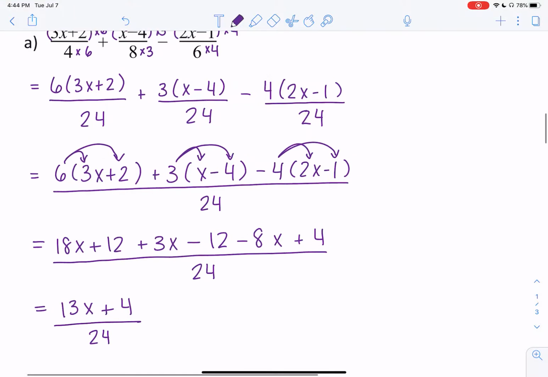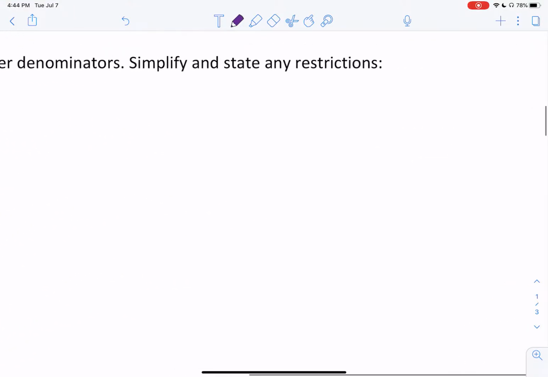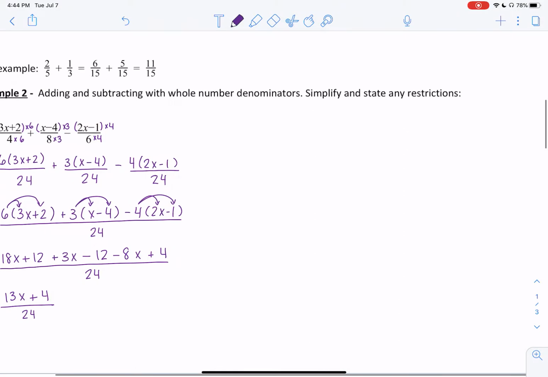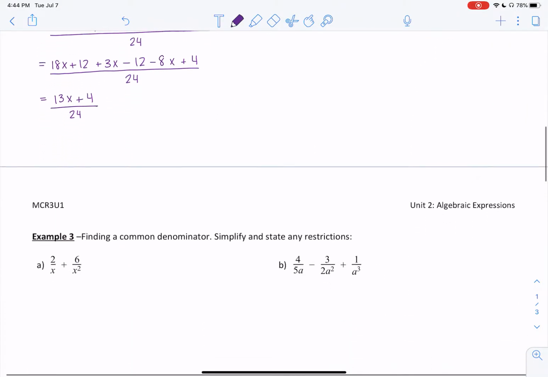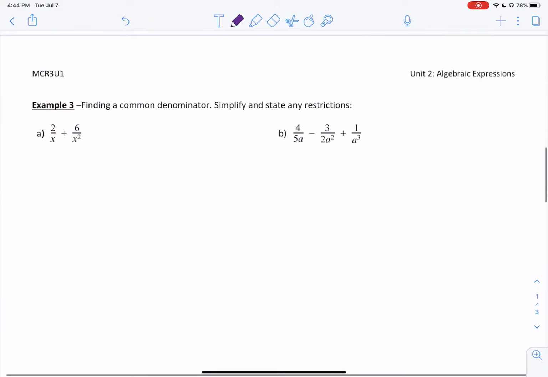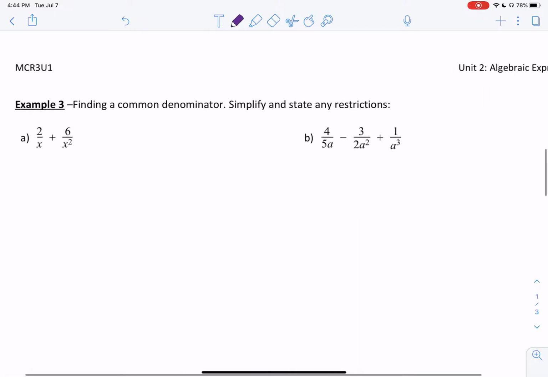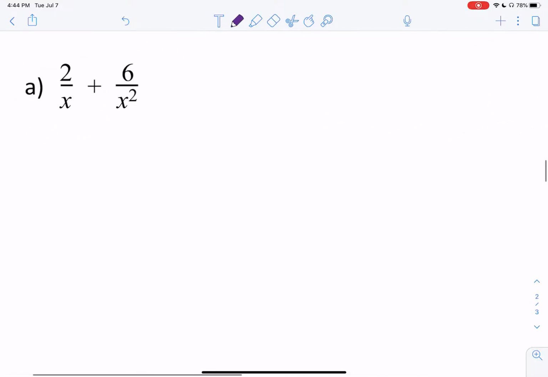Okay, let's try another example. So for example 3, we're going to find a common denominator here. So for this first one, our common denominator would be x squared. So this one will have to get multiplied by x. And if I do that to the denominator, I also need to do it to the numerator.